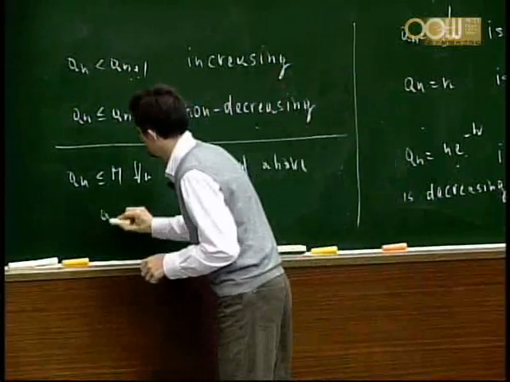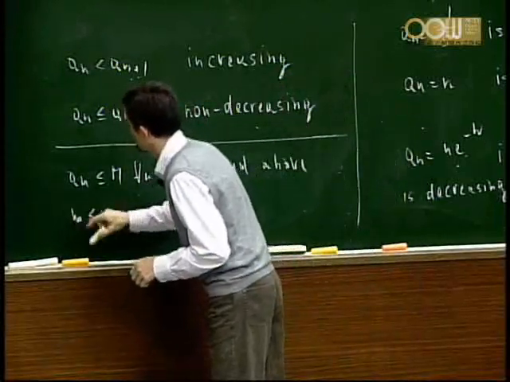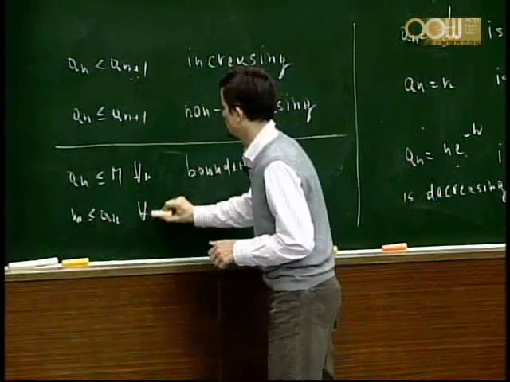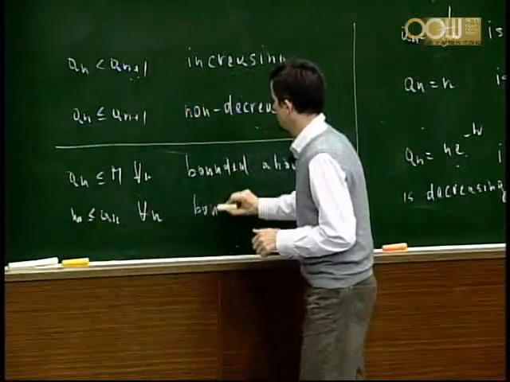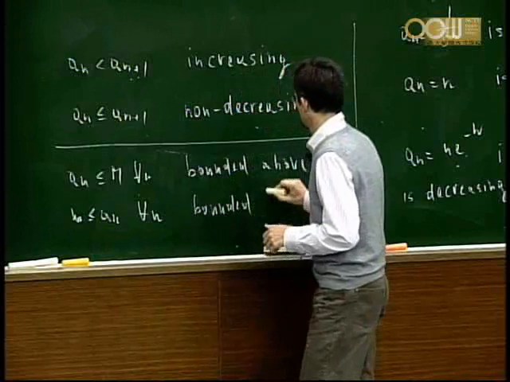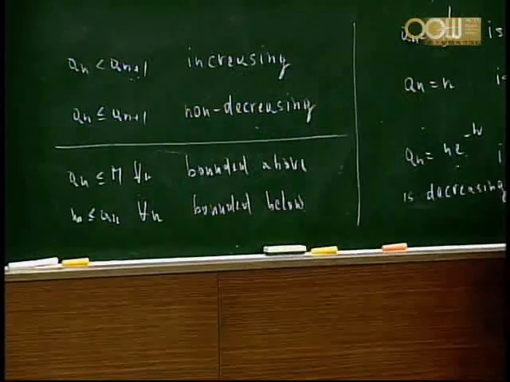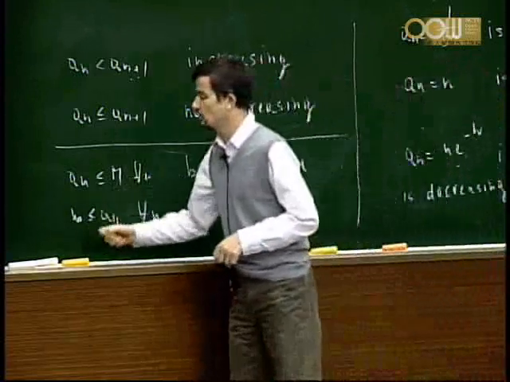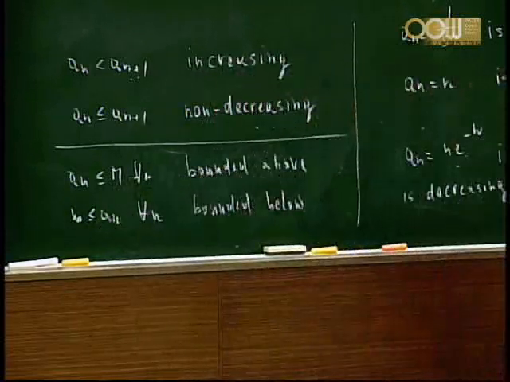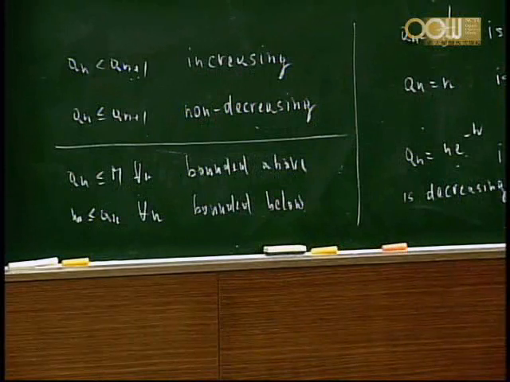And if you can find some small m such that this relation holds for all n, then we will have bounded from below. So here you have an upper bound, here you have a lower bound, and the sequence is called bounded if it admits both the upper and the lower bound.